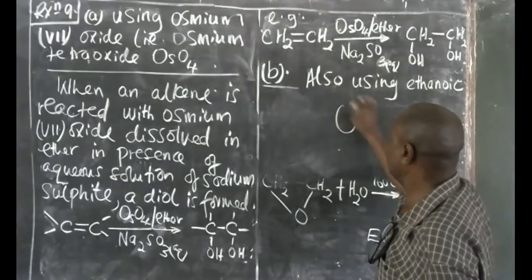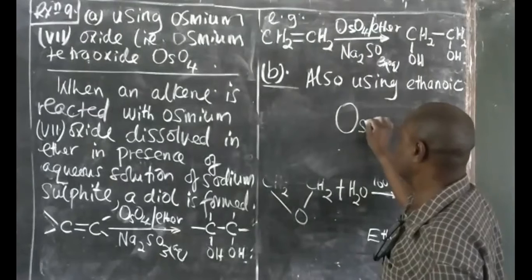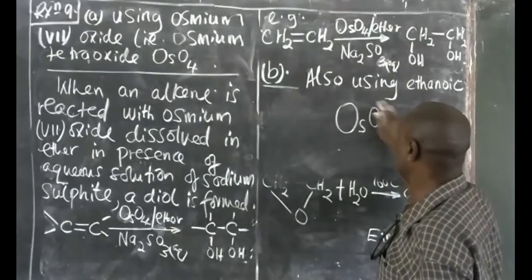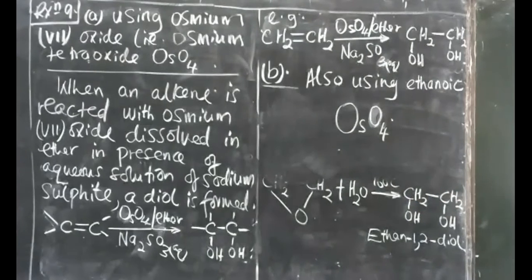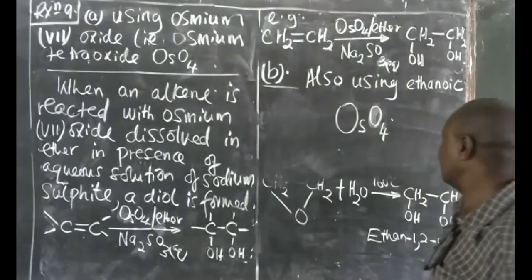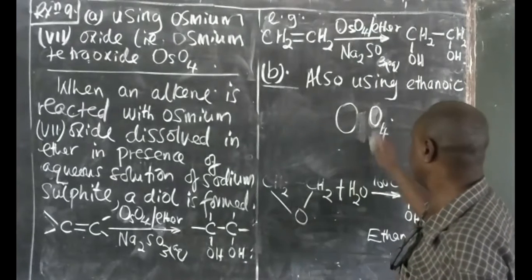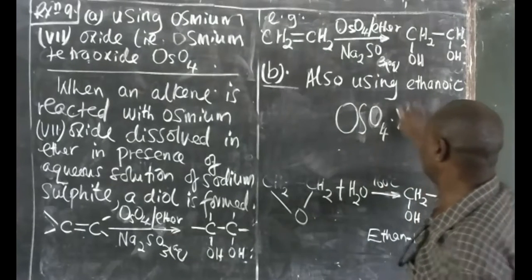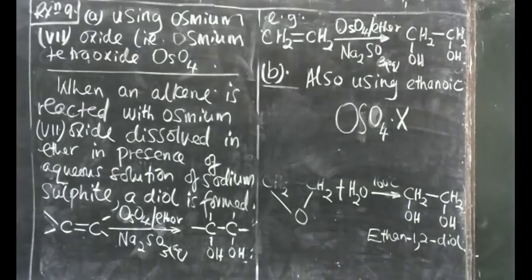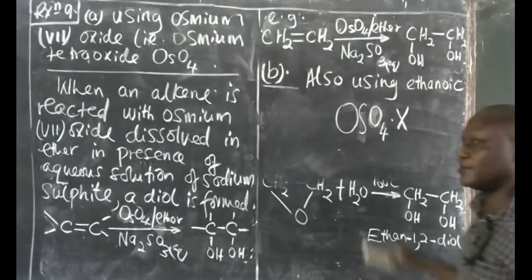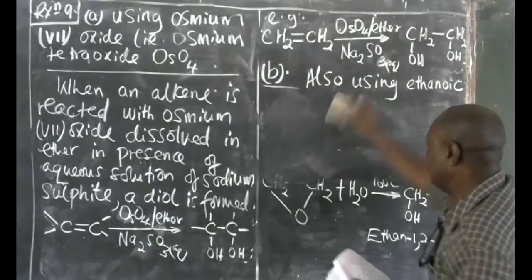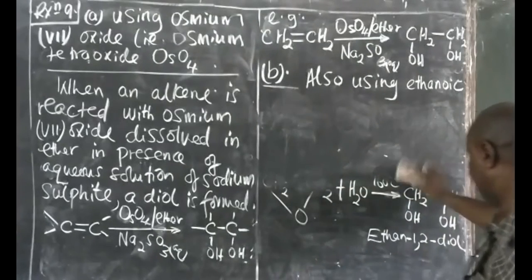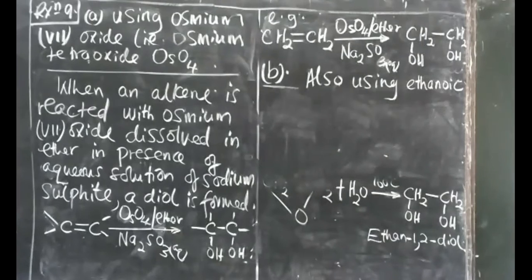It is capital O, small s, then capital O, because it's an oxide. Don't write it like this; this one is wrong. When you're writing the formula of these compounds, make sure you follow the system, the IUPAC system of nomenclature.